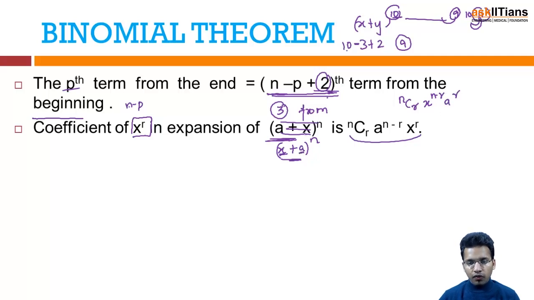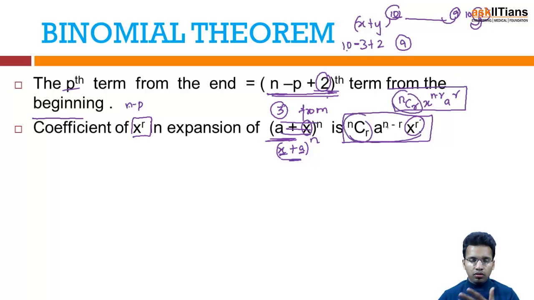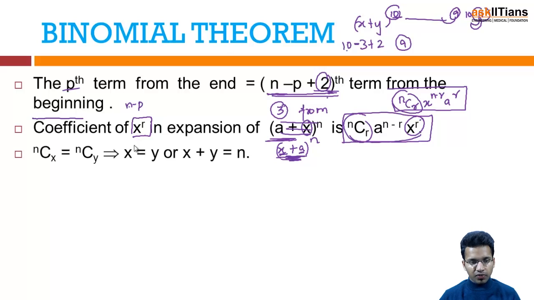So since we are looking for x raised to power r, we put it in the second place, and that is why it appears like this. In general, you will find that this NCR and this both will be the same. Even if I go for this one r, then it will also be the same. We'll see this property in the coming parts when we do the properties of binomial coefficients.